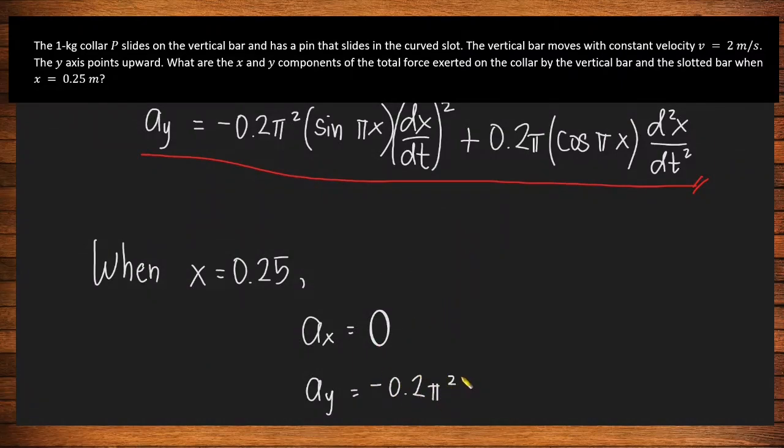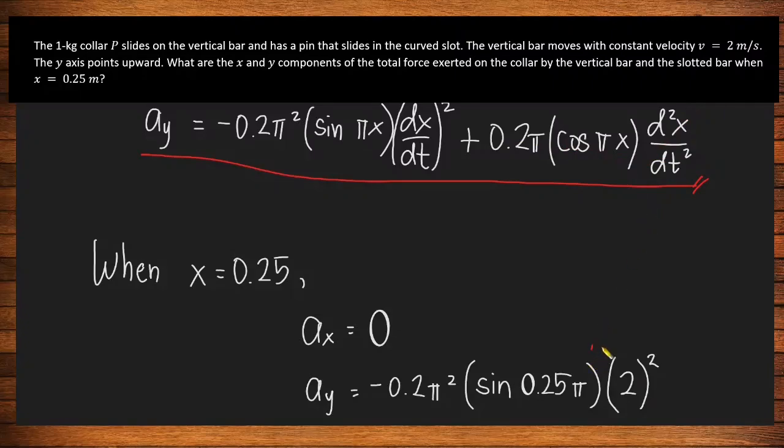So for dx over dt, that is our velocity along the x direction. So that will be equal to 2 meters per second. And then yung second derivative of x natin with respect to time, that is equal to our acceleration along the x direction. So ito magiging 0. Therefore, this term here will be equal to 0.